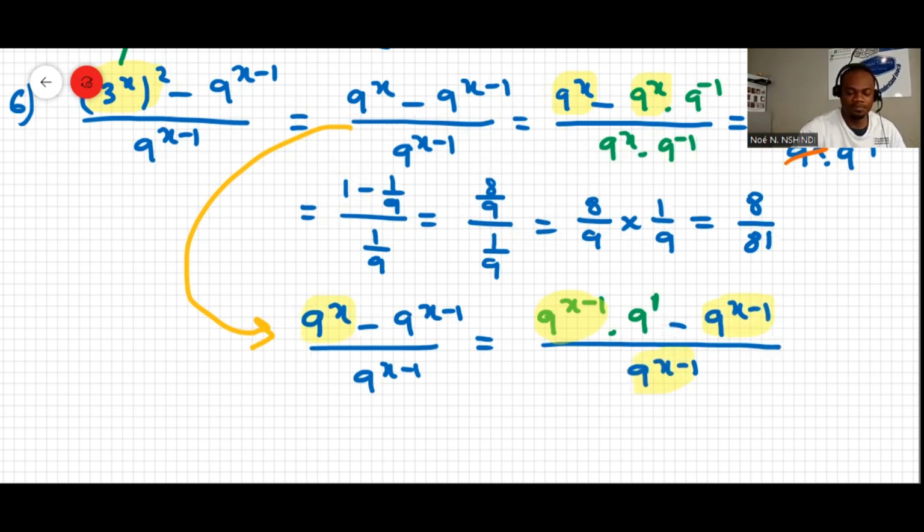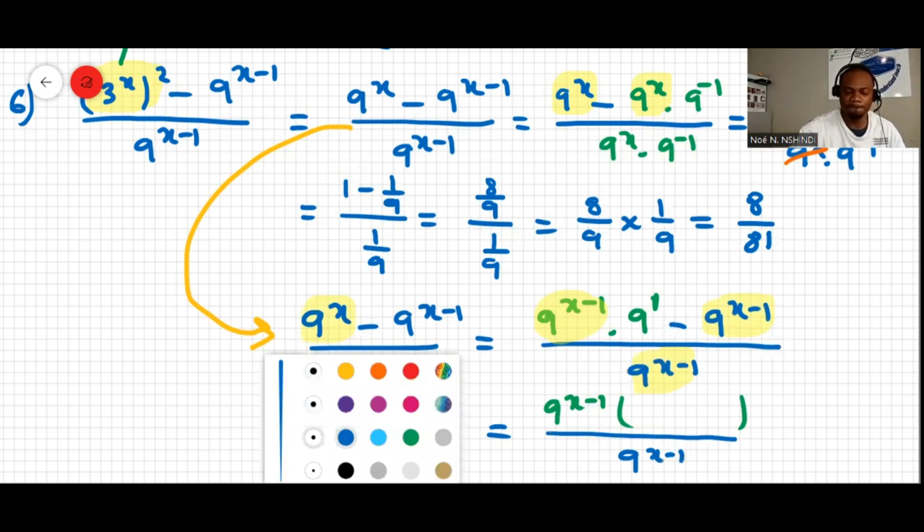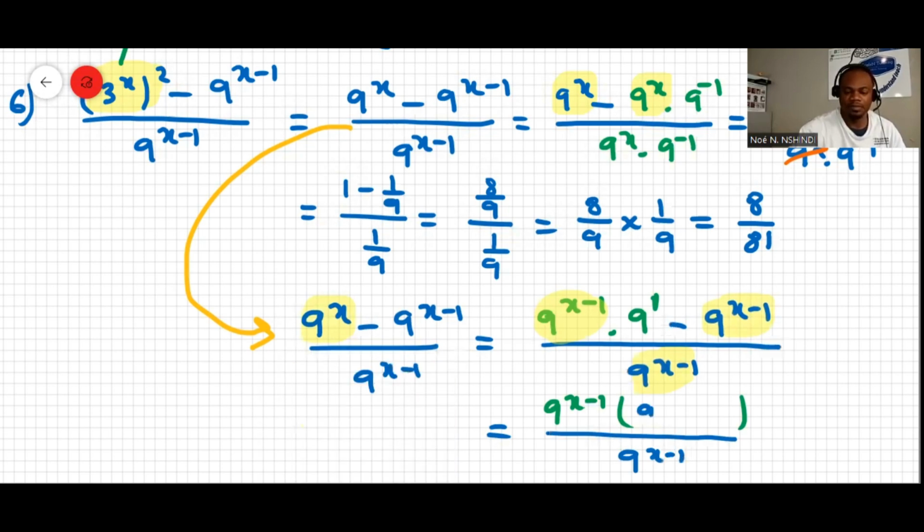So this can be 9 to the x minus 1 in the bracket like that, over 9 to the x minus 1. So now in the bracket, I can just write 9 minus 1. There we can simplify this and that, and the answer is 8.